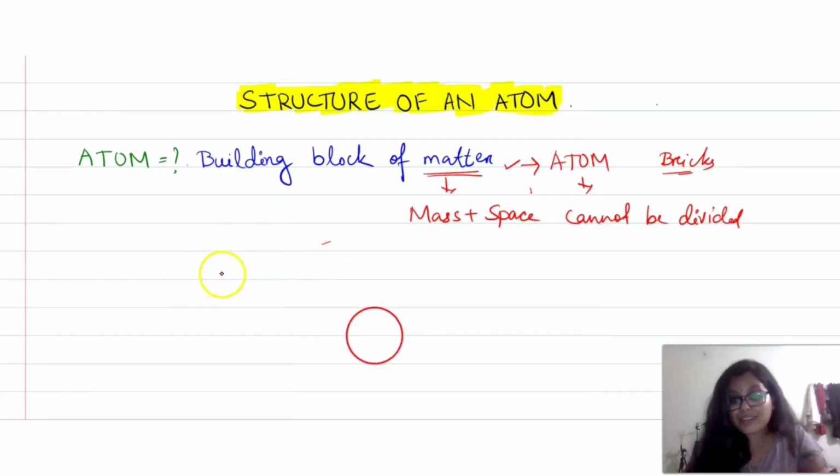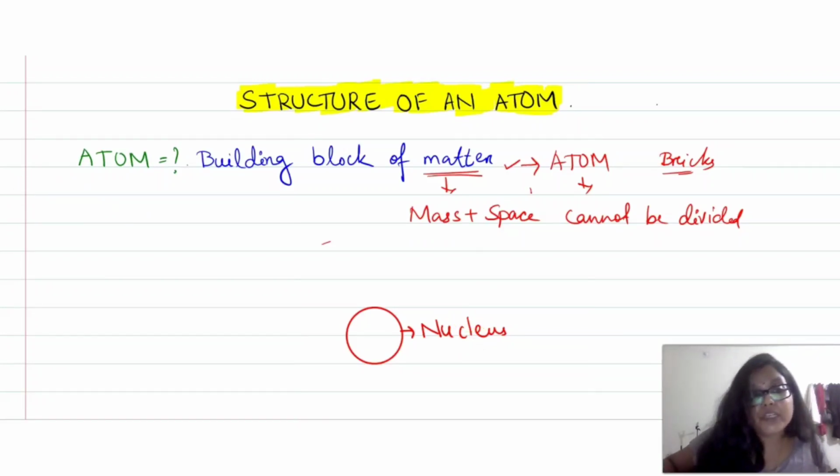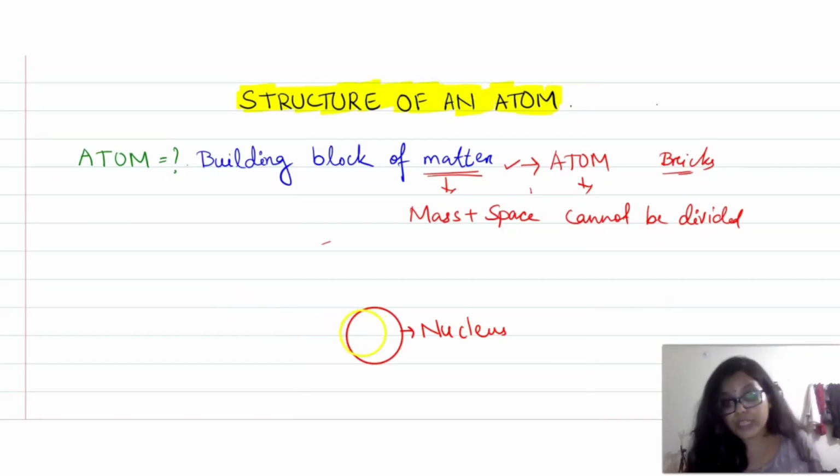Now, this circle that I have drawn here is not the atom. This is the nucleus of an atom. So an atom has a nucleus. And what is there inside the nucleus? Inside the nucleus, we mainly have two things: protons and neutrons.